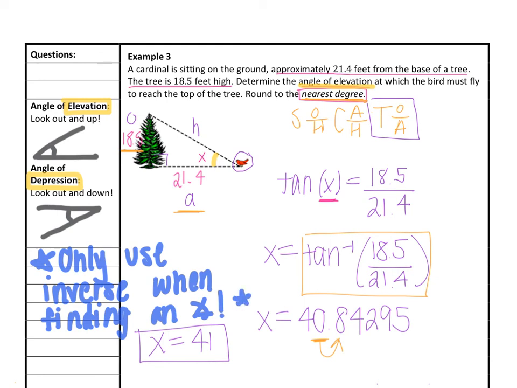All right, so the only time you're going to hit that inverse button like we have here is when you're actually finding an angle. If you are finding a side, you do not use the inverse button. We do the same process we did before. So it's only when you're finding an angle do you have to get that angle by itself, which is going to cause you to use the inverse button.